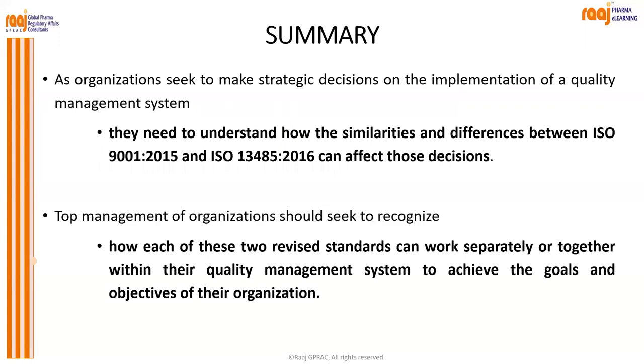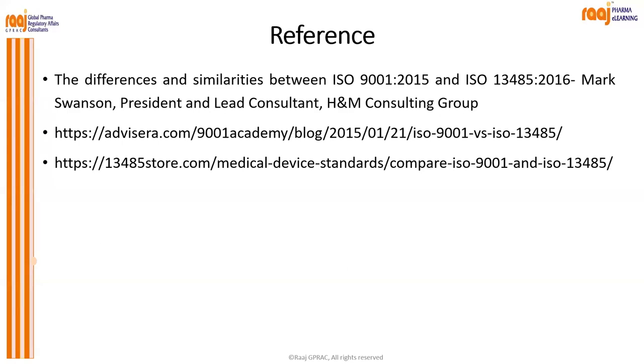So to summarize, an organization seeking to make a strategic decision on the implementation of a quality management system needs to understand how the similarities and differences between ISO 9001 and ISO 13485 can affect those decisions. Top management of organizations should seek to recognize how each of these two revised standards can work separately or together within their quality management system to achieve the goals and objectives of their organization.